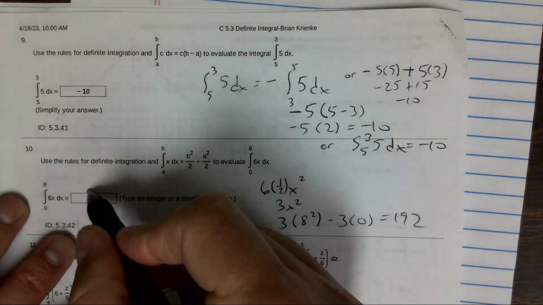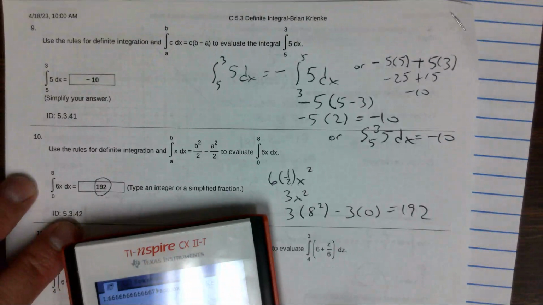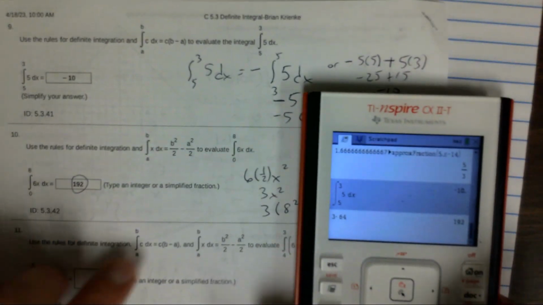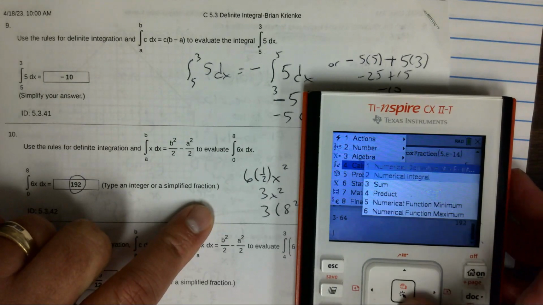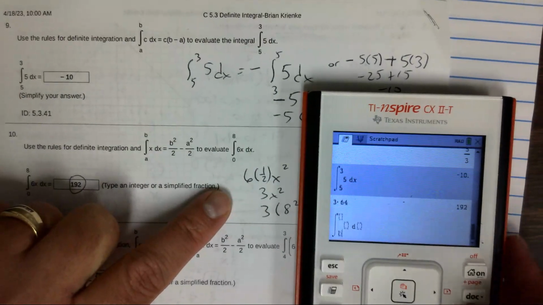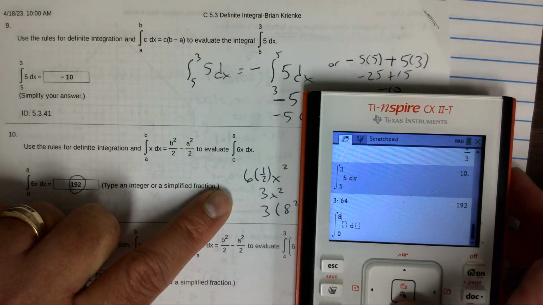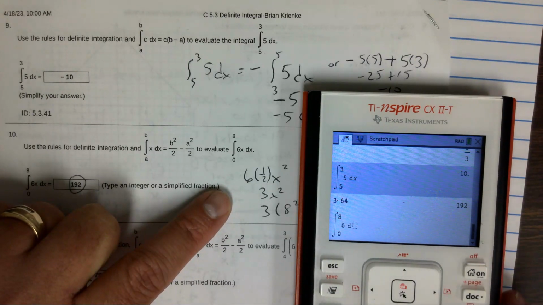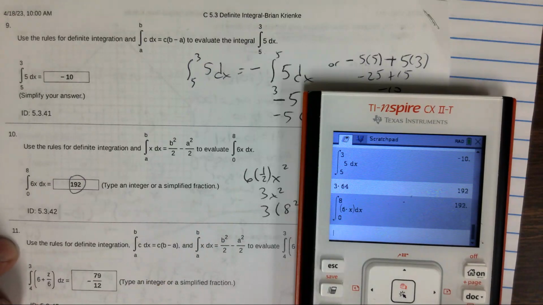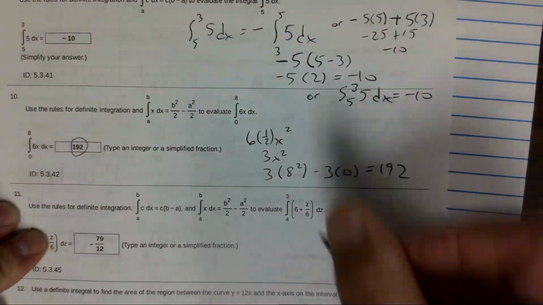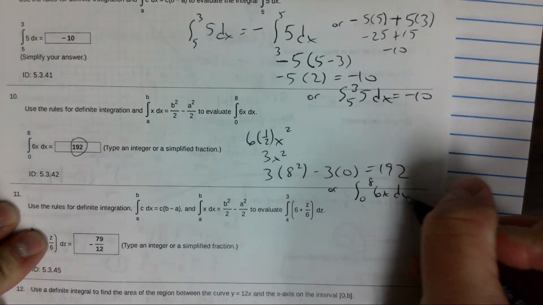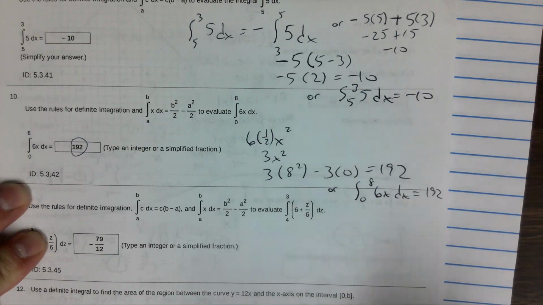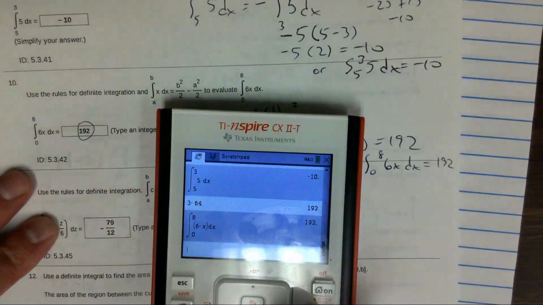And so that's how you get that answer. Again, you could have done the integral 0 to 8 of 6x dx, and it tells you the integral 0 to 8 of 6x dx equal 192. So it does the math for you.